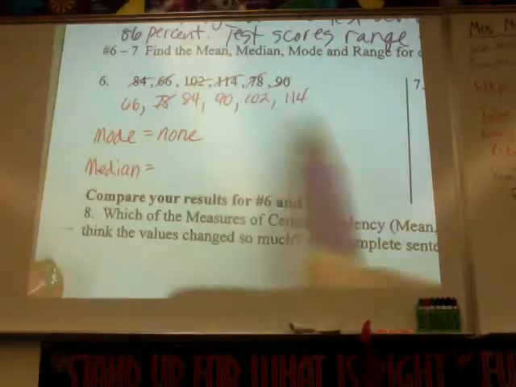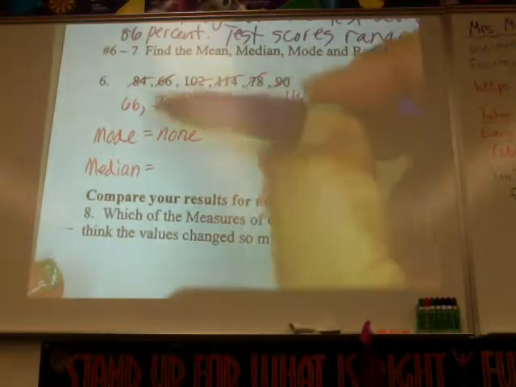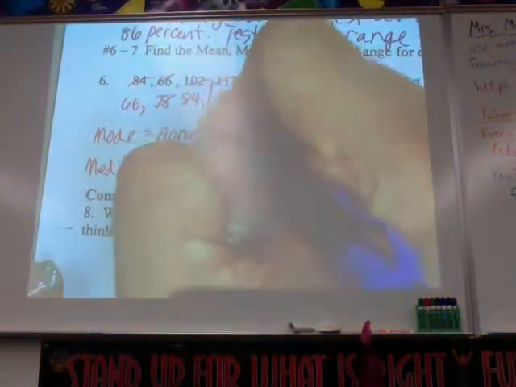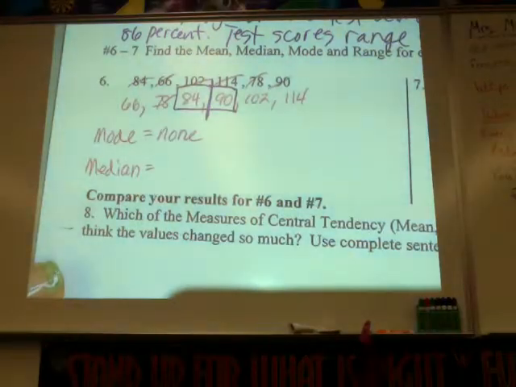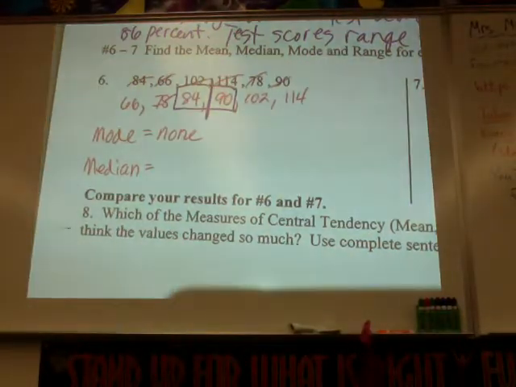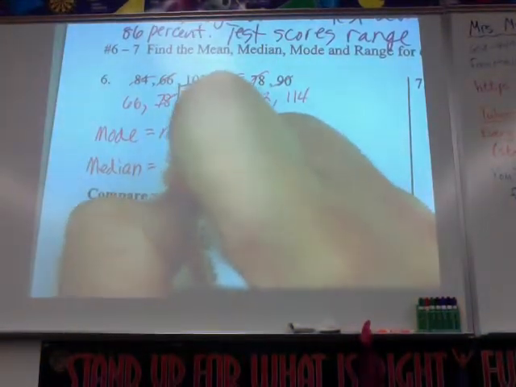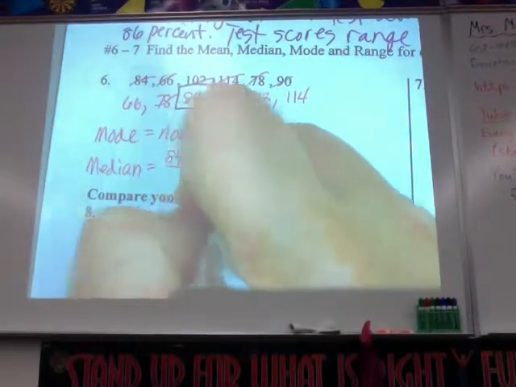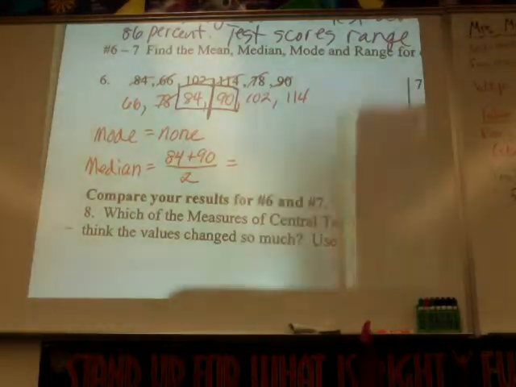So there's 6 pieces of data. Take 6 divided by 2, what do you get? 3. So 1, 2, 3. This cuts the data in half. But this time, I mean, you could reason your way and say what a number is exactly between 84 and 90. You can definitely do that. But this is really what you're doing. 84 plus 90 divided by 2. You're adding them together and dividing by 2, you're averaging.